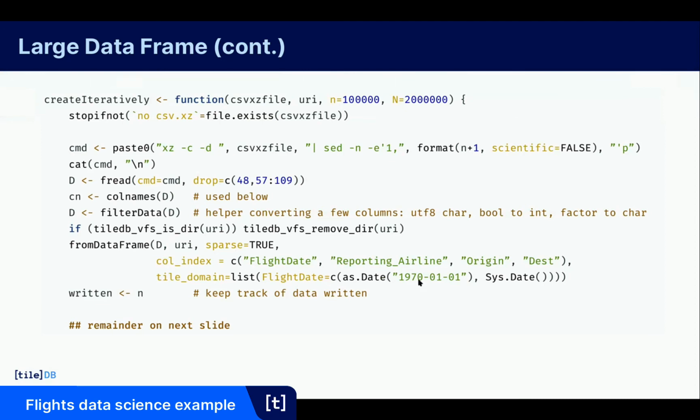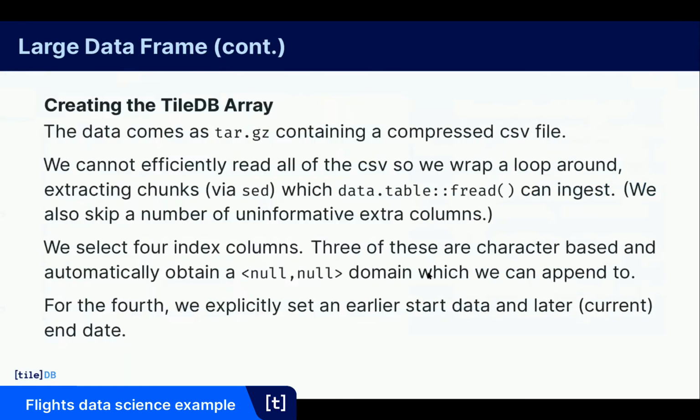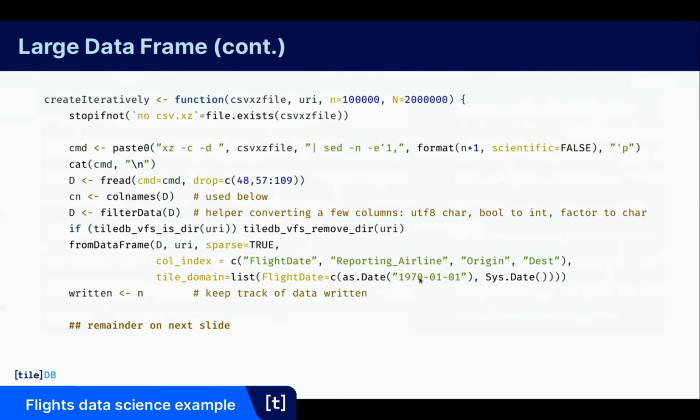I can just arbitrarily say, let time commence in 1970, the hello world standard of time, as well as today, whereas the data really was 1987 to 2020. So I could have also used January 1st, 1987. It's a little sloppy. And then I always just keep track of how many elements I've written.